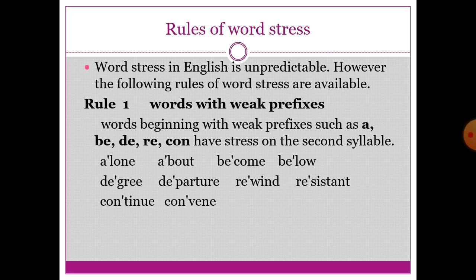Delay. De is weak here, so the stress is on lay. Connect. For connect, nect is stressed. And there are many words. Congenital. For con, always the next syllable is the stressed one. So genital is stressed.